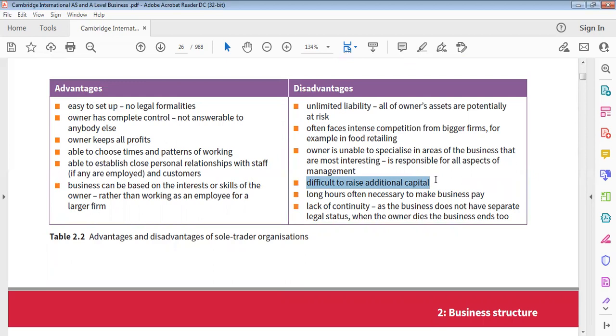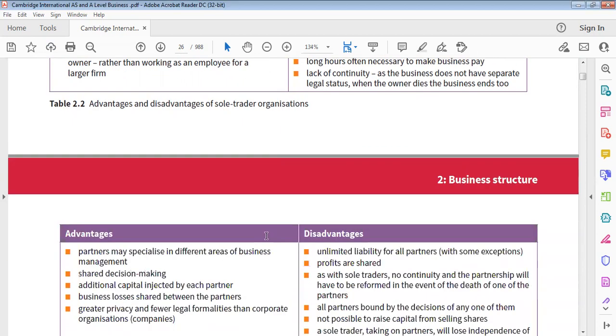Many small businesses open, they try for 1 year, 2 years, even 5 years, they fail, they close down, they go home. All right. So these are the problems of small businesses, both for sole traders and also partnerships. Okay, clear? All right.